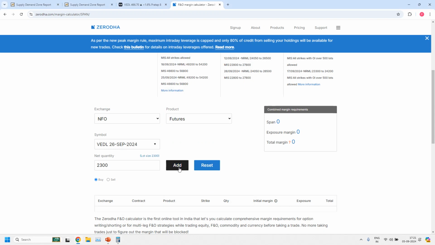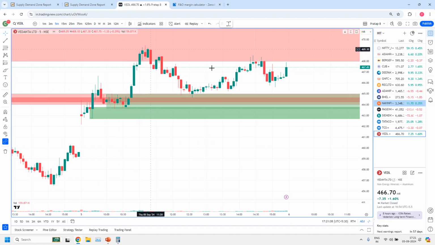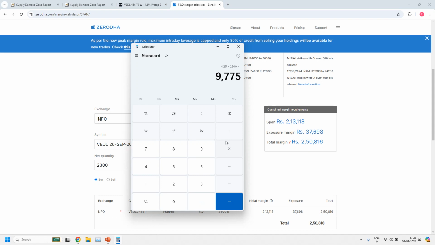So what is the cost of one future for VEDL? It's around 2,50,000 because prices have moved. So by the time prices reached here, definitely the value will be a little less. Currently 2,50,816 it is showing. Let me take 2,50,500 rupees.